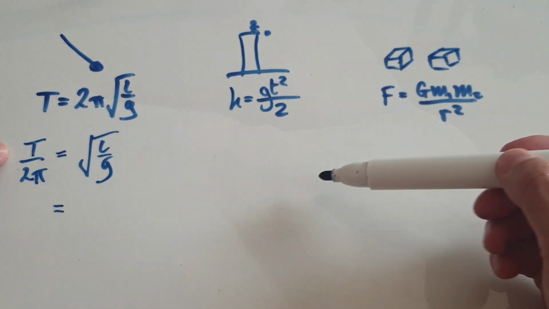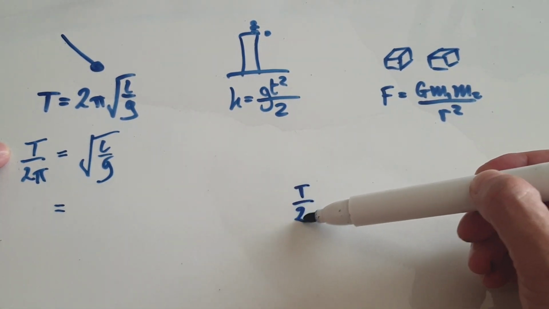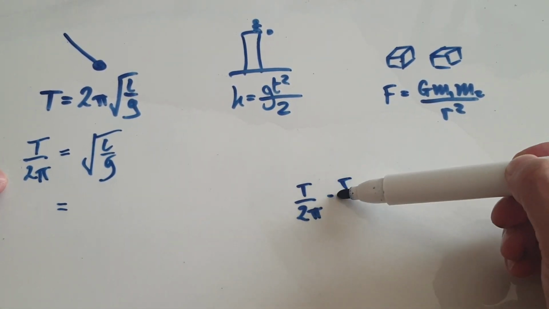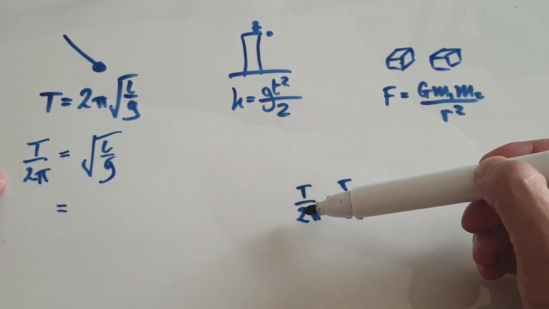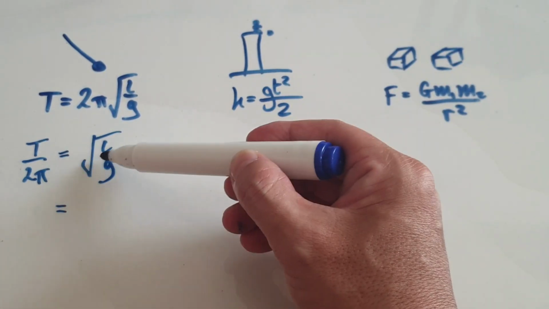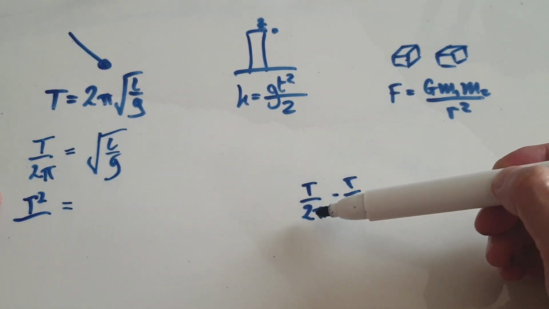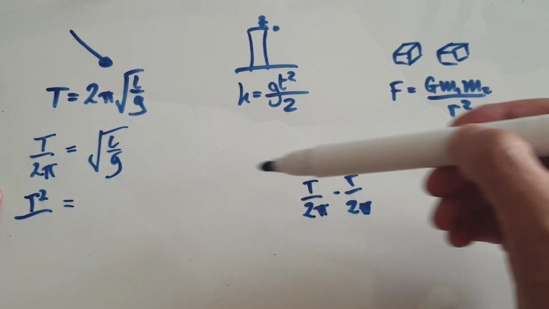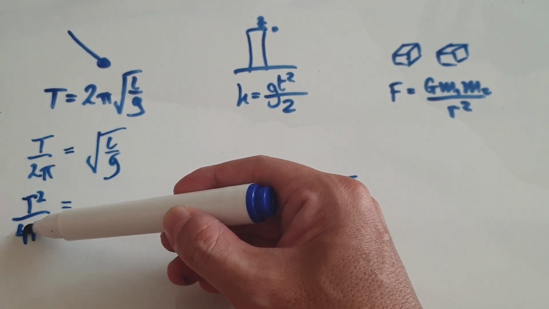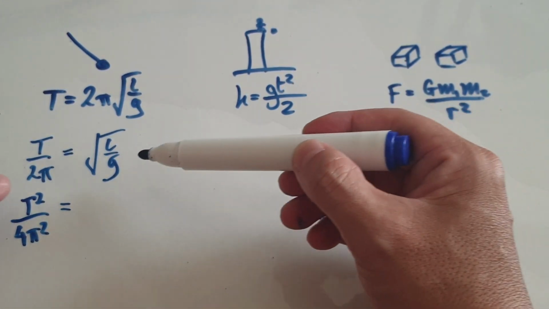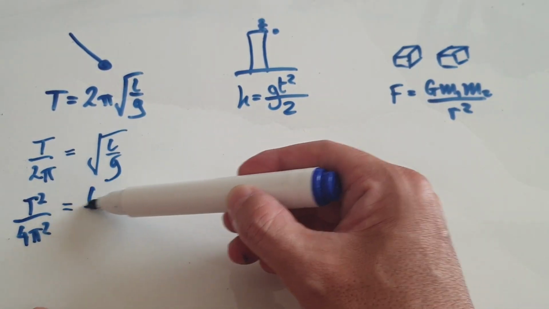When you square this, in your mind, visualize this times by itself. So top times top, that would be T squared. So remember, we're squaring both sides. So that would be T squared over 2 times 2, pi times pi, that would be 4 pi squared. And then when you square this side, it would just be L over G.